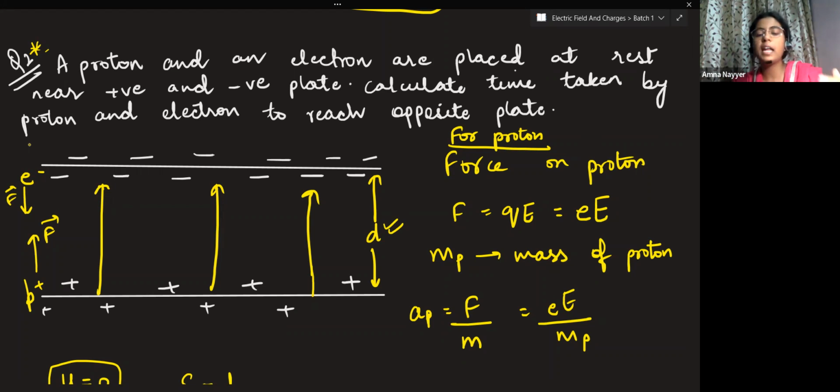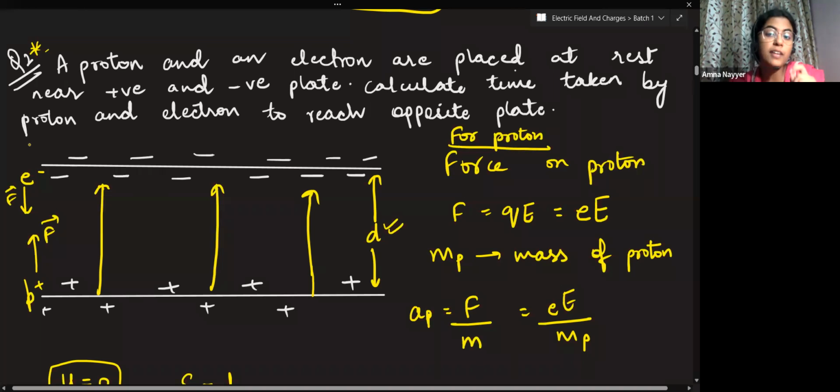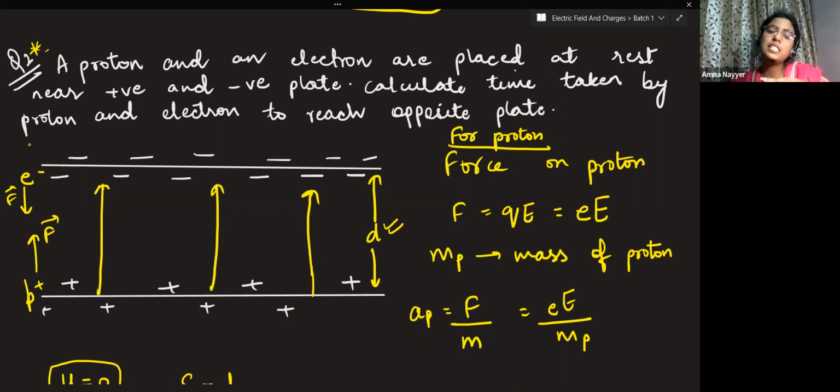For proton, the direction of force is the same as that of electric field. Why? Because proton is a positive charge, and we have seen for positive charges, the force is in the direction of electric field. So proton will move upwards, and that's why electron will come downwards. Reason is this only, because force is allowing it to move downwards.